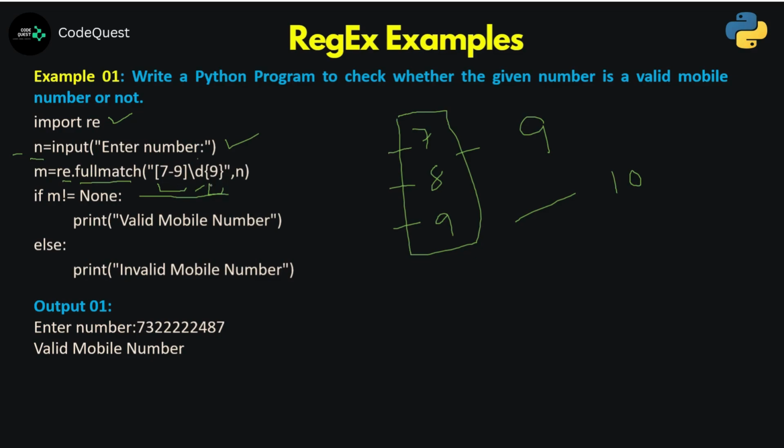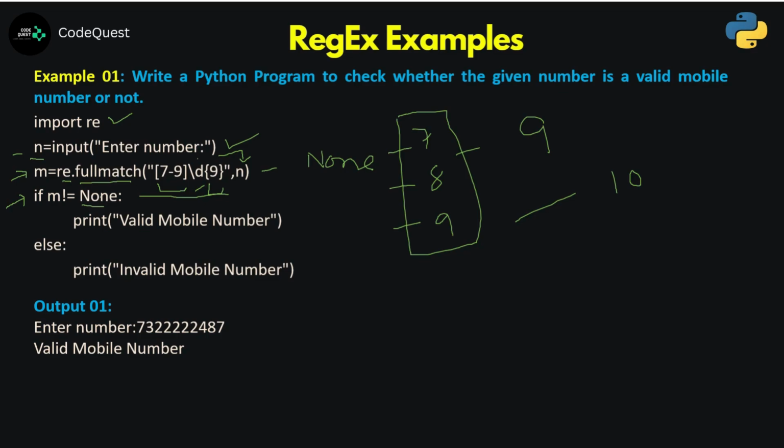If this pattern matches whatever I have input here as a mobile number, then I will get a match object. If it does not happen, then we will receive None. So after this line gets executed, when I verify if m is not equal to None, this is going to be true if the match is found.